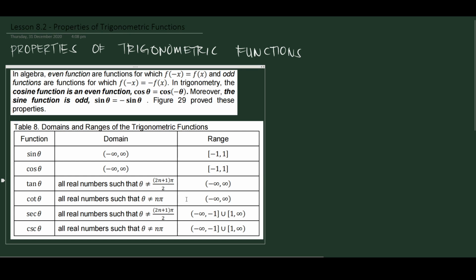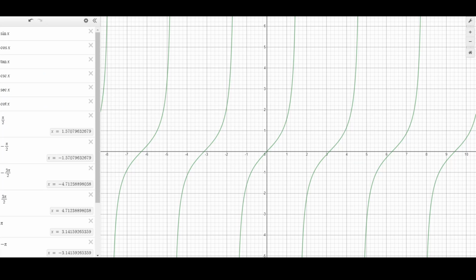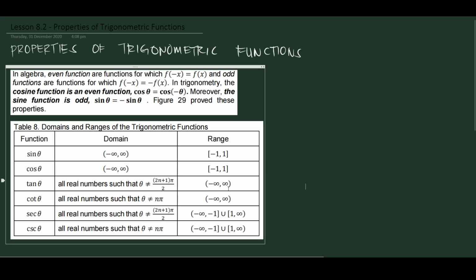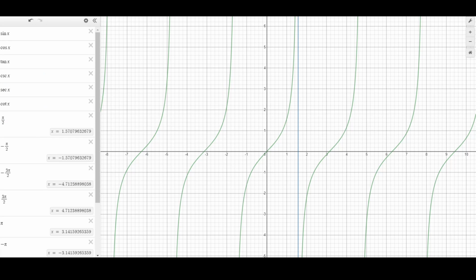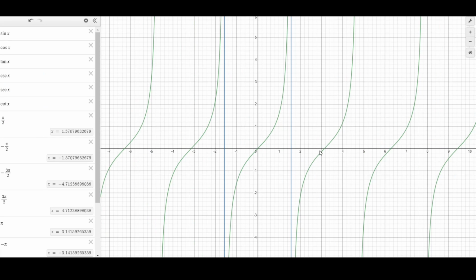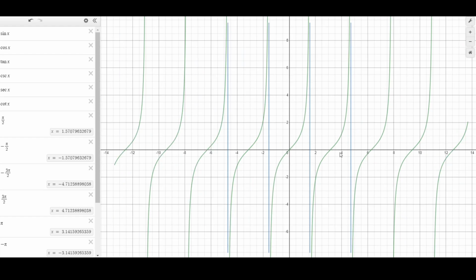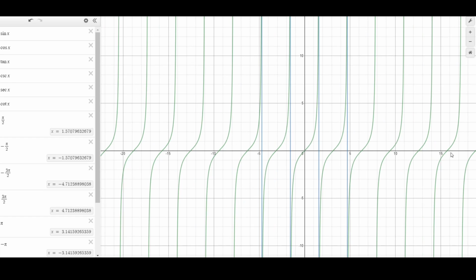Let's say if n is 0, we get pi over 2, right? So let's plot x is equal to pi over 2. How about if n is negative 1? You will get negative pi over 2. As you can see, these are the asymptotes and you can add more. This will also go to infinity.